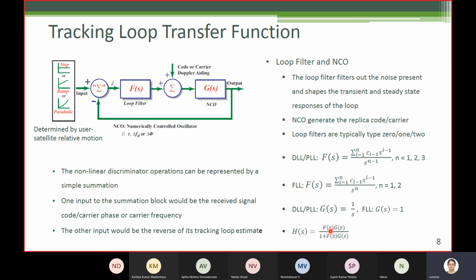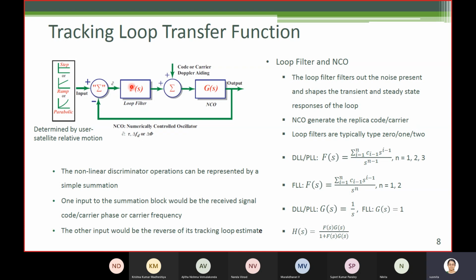So the loop bandwidth has to be adjusted in such a way that it filters out noise. At the same time, it has desirable response. Now we know that if the loop has to track the changes fast, it should have high bandwidth. But if it wants to remove noise, it should have low bandwidth.